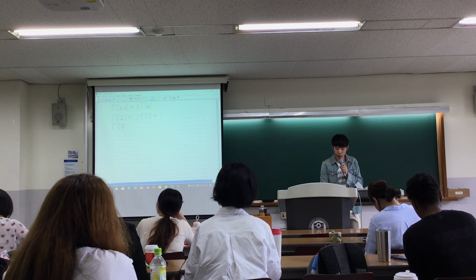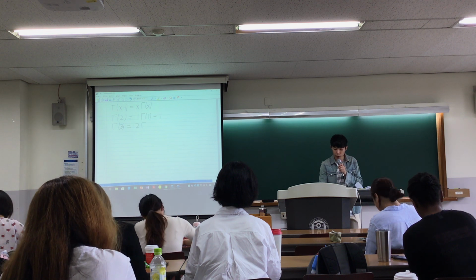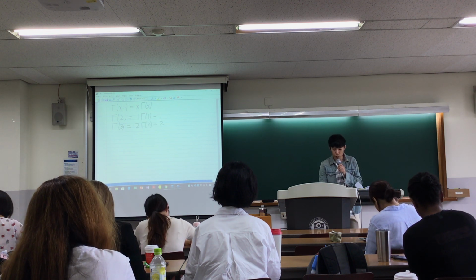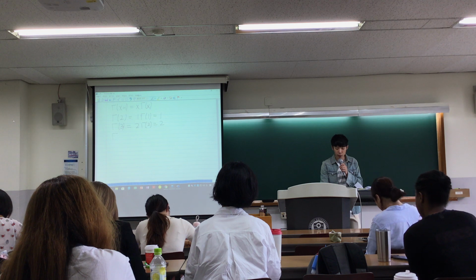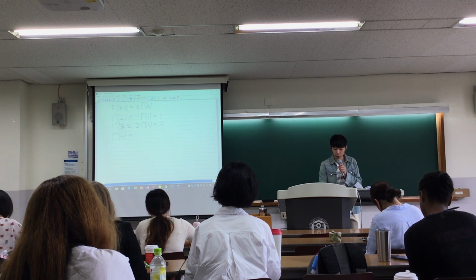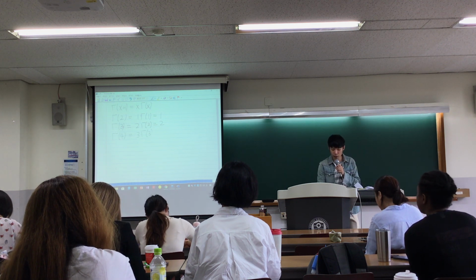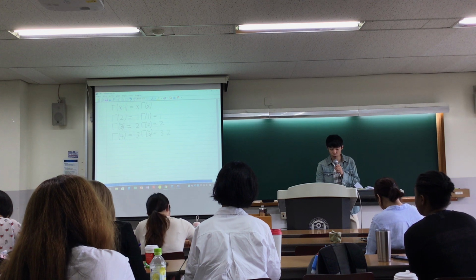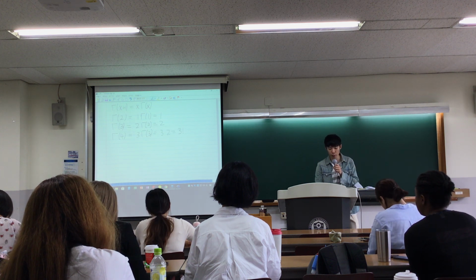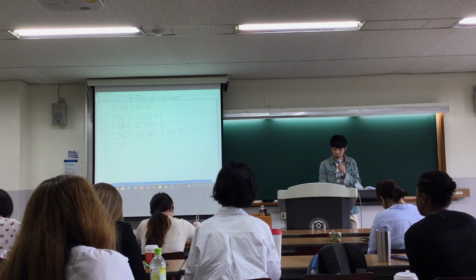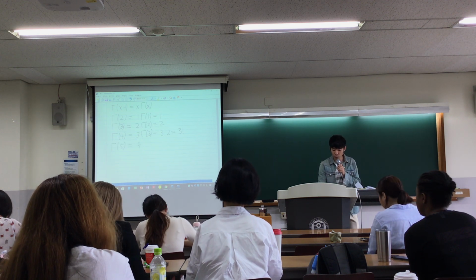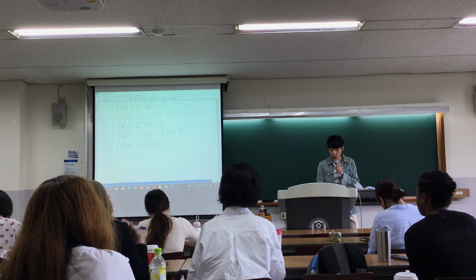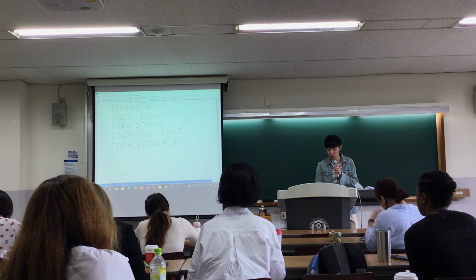Gamma of 3 is 2 times gamma of 2, which is 2. Gamma of 4 is 3 times gamma of 3, which is 3 times 2, or 3 factorial. Gamma of 5, I think we know where this is going, is 4 times gamma of 4, which is 4 times 3 factorial, which is 4 factorial, and so on.